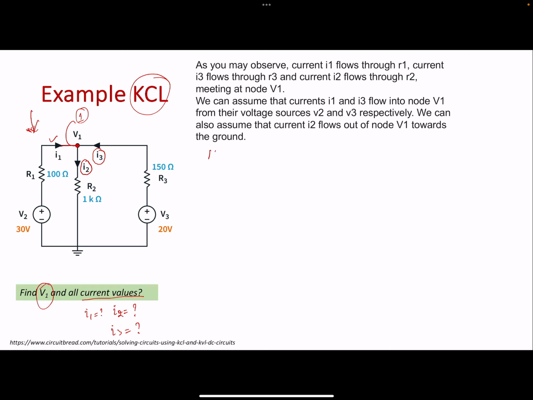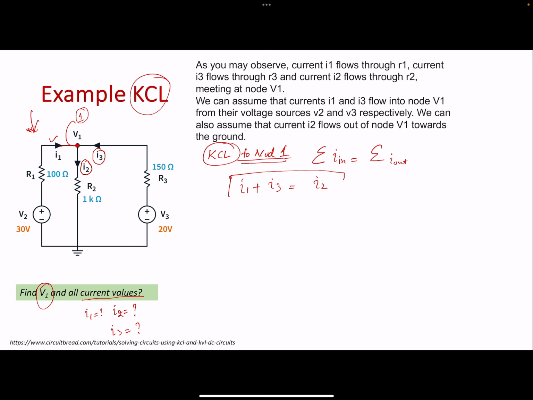If I apply Kirchhoff's current law to node 1, I can easily write this equation: the summation of all the currents going in should equal the summation of all the currents going out. So I1 plus I3 should be equal to I2.